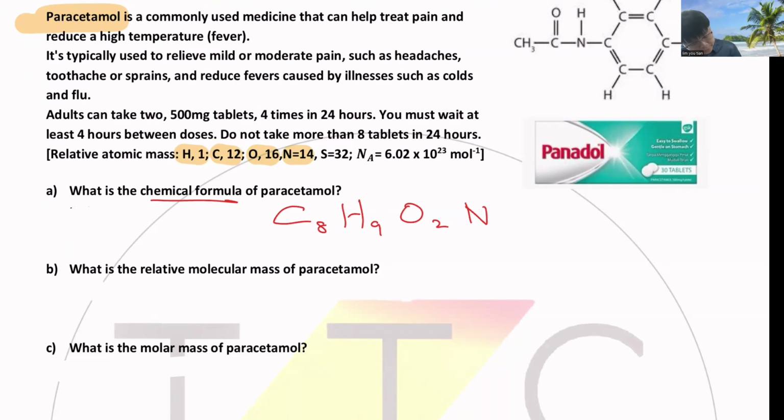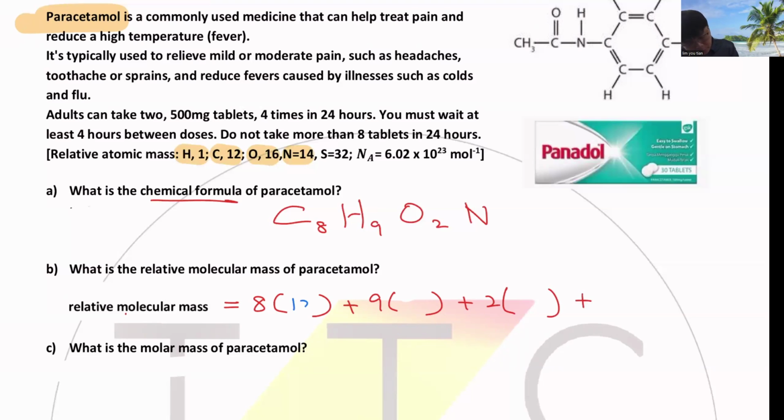So you can write the relative molecular mass is equal to 8, 9, 2.